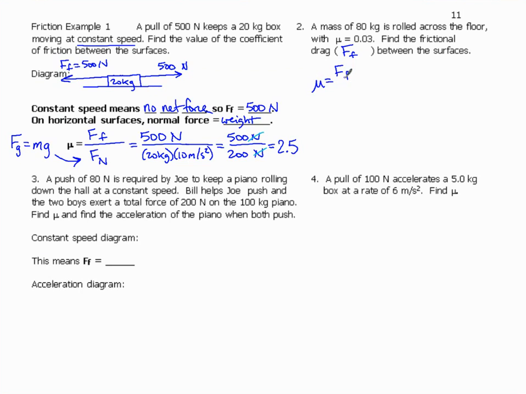Coefficient of friction equals the force of friction divided by the normal force. But we're looking for the force of friction, and I like to solve the equation before I put numbers in. So the force of friction equals the coefficient of friction times the normal force.